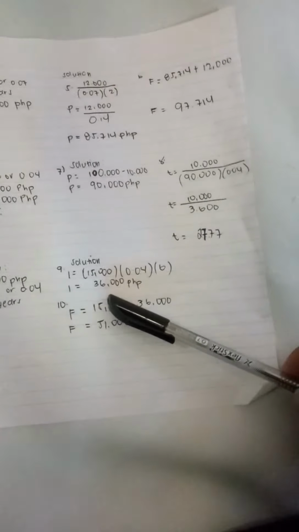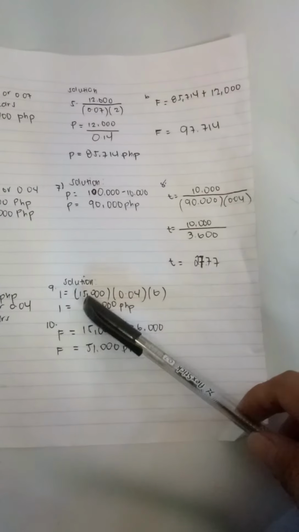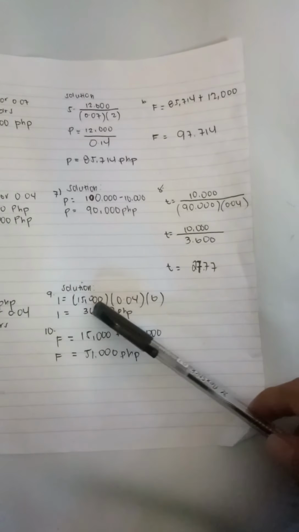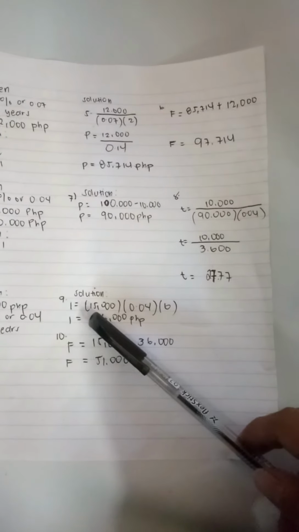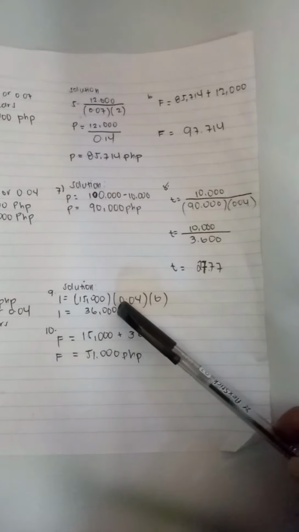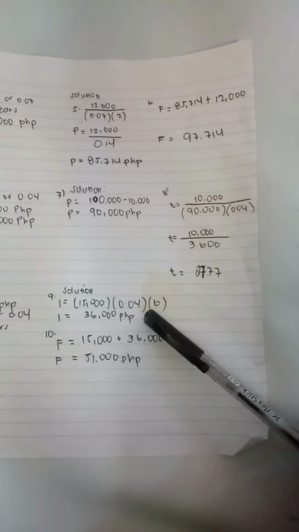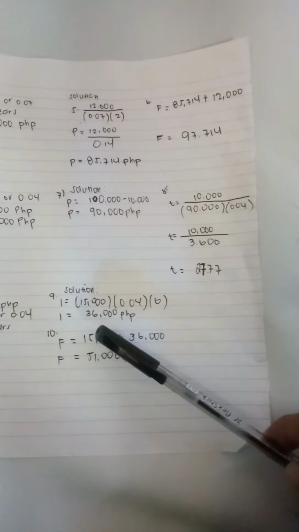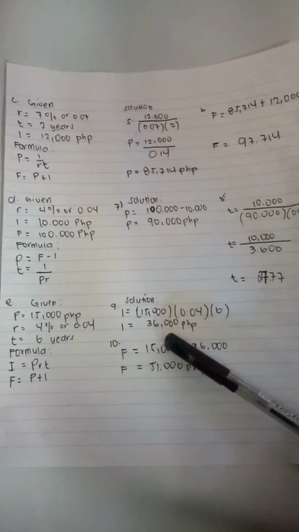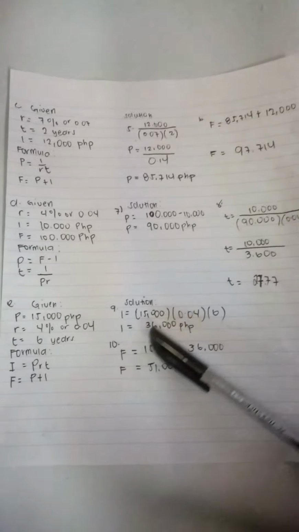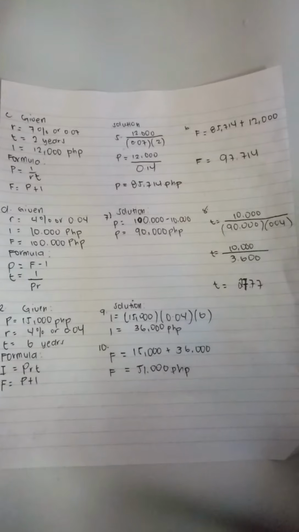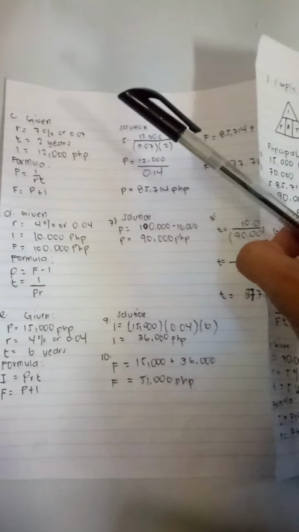For the solution naman po for interest, ipagka-times lang po sila: 15,000 times 0.04 times 6 is equals to 36,000.